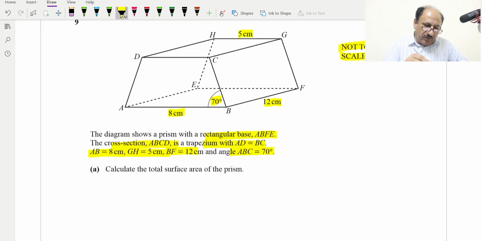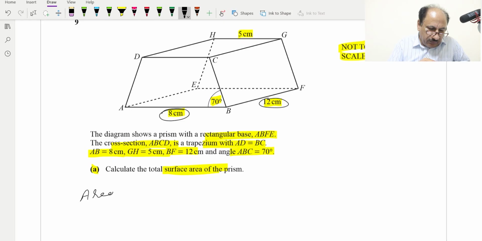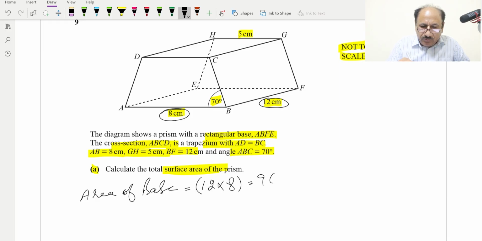This is the information provided, and part A is calculate total surface area of the prism. Now for the prism, basically we can find the area of base first, and base we have length into width, so area of base will be equal to 12 into 8, so this will be equal to 96 centimeters square.